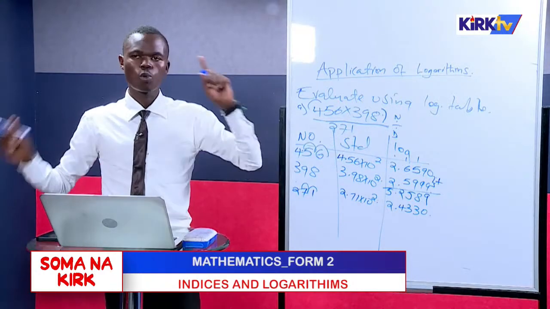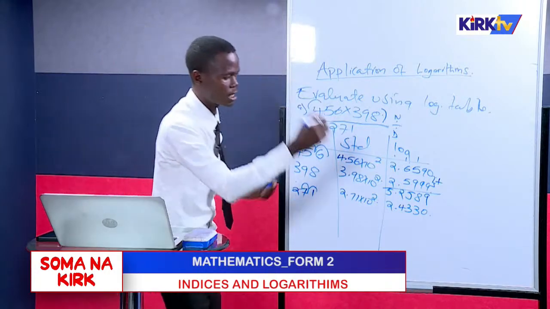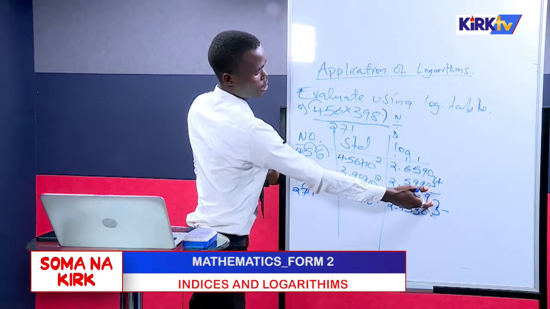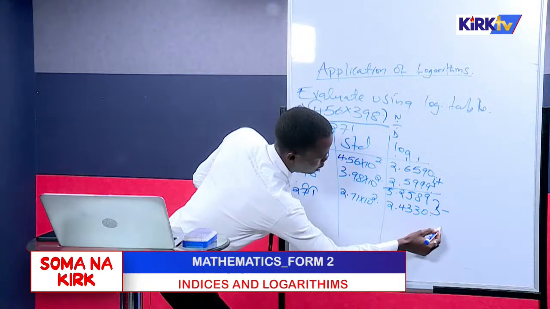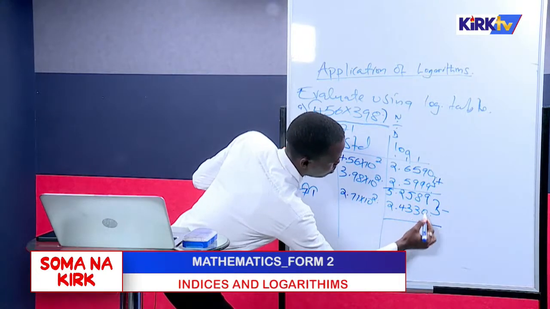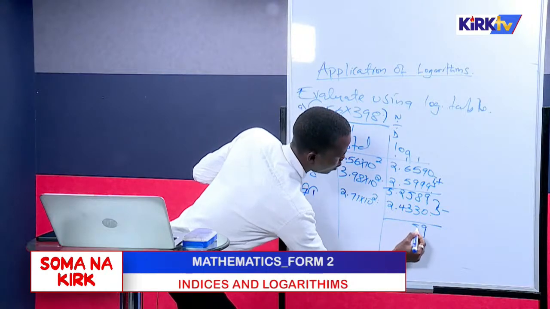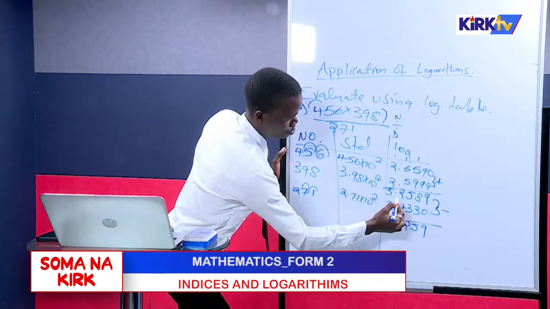Whenever you see division, what comes to your mind? Subtraction. So we minus the value of the denominator from the value of the numerator. Our answer will be 9 minus 0, 9; 8 minus 3, 5; 5 minus 3, 2.